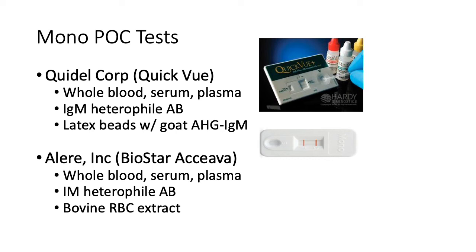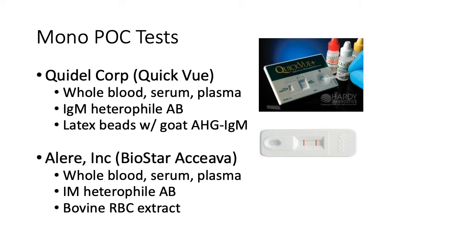The Quick View infectious mononucleosis test is designed to detect IgM heterophile antibodies in whole blood, which is CLIA-waived, and serum or plasma, which is not CLIA-waived. The test consists of the reaction unit, a plastic housing containing a membrane strip which provides solid support for the chromatographic immunoassay. The sample well contains an absorbent pad which provides an even flow of the sample along the membrane.